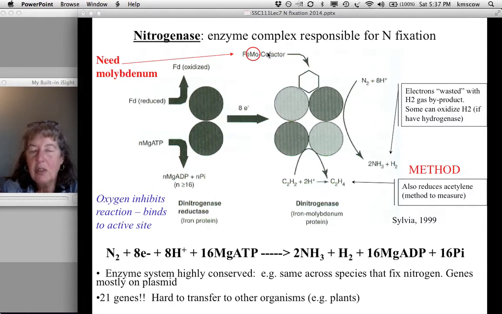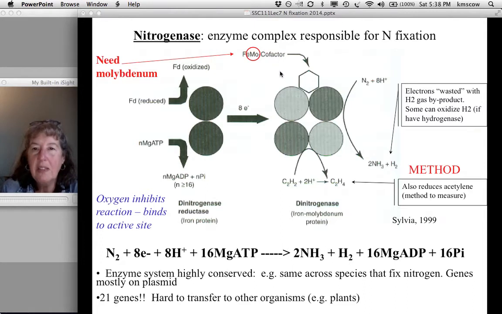And in soils where there isn't a lot of molybdenum, it can actually lead to inability to establish legumes as crops, even if they're inoculated, because there is this limitation of this absolutely essential nutrient.